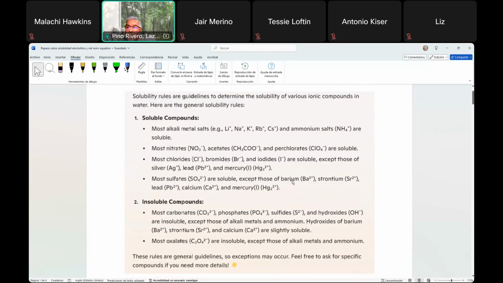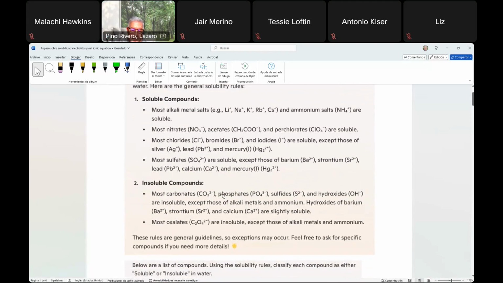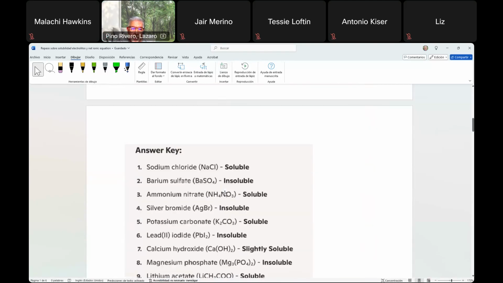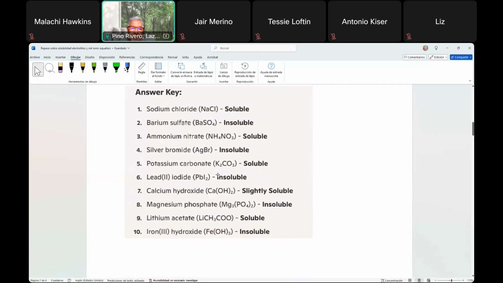You have the solubility rules in your book, but you can take a picture from here and you can use it during the activities. All right? Let's go down. Well, here you have the answer. Here you have exactly the answer for the exercise.